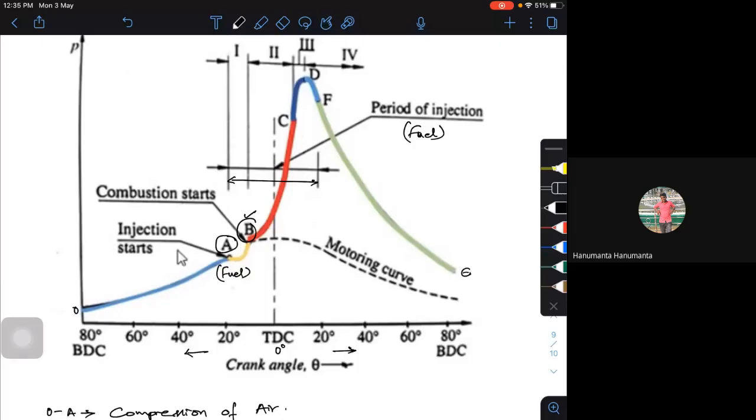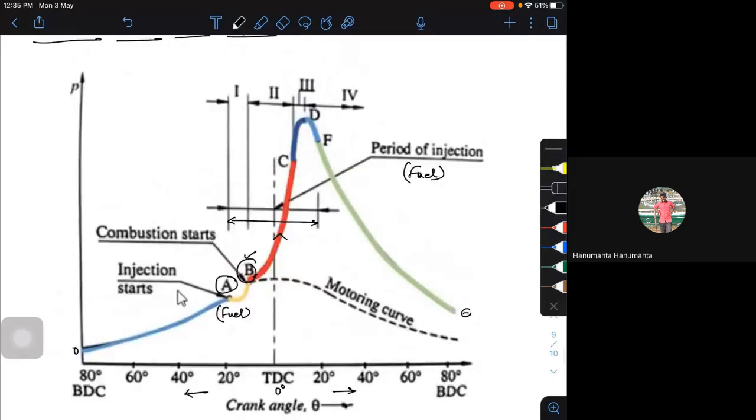It will start burning, or the flame propagation will take place in this direction. This uncontrolled combustion may happen for a crank angle of around 15 to 20 degrees. So uncontrolled combustion will take place.